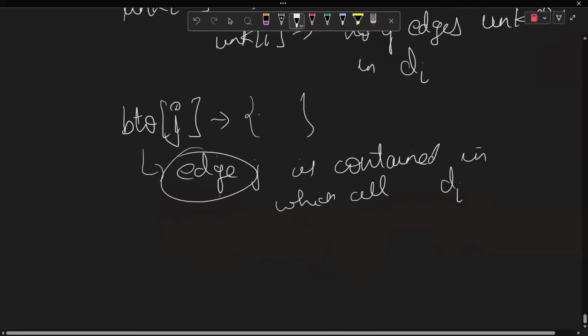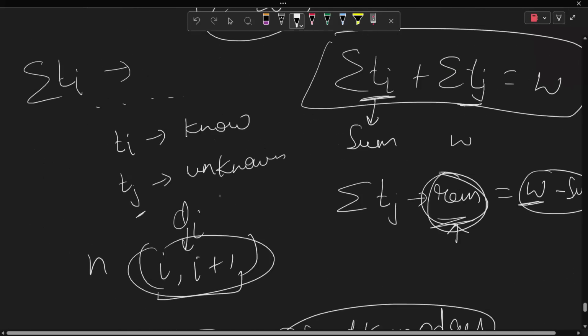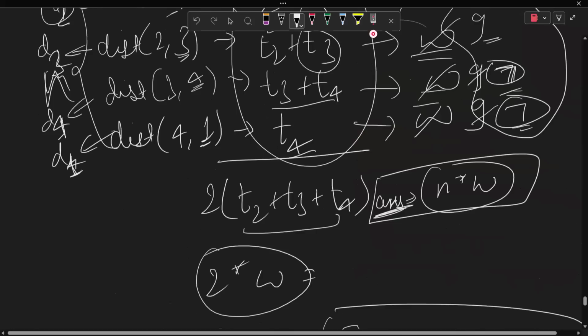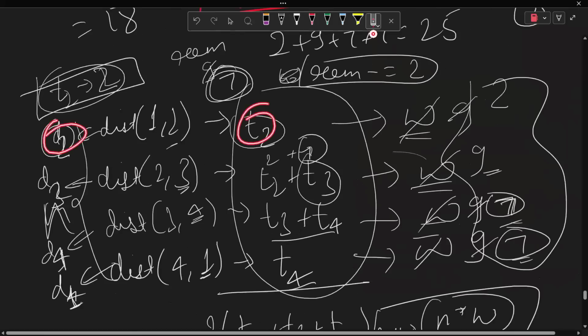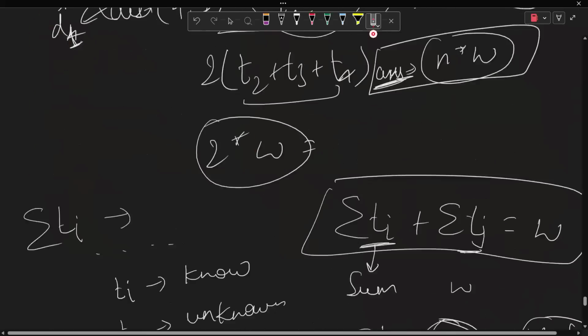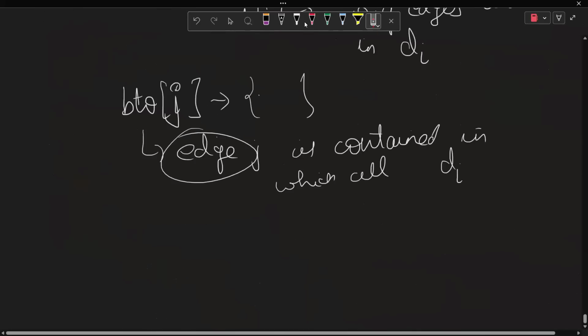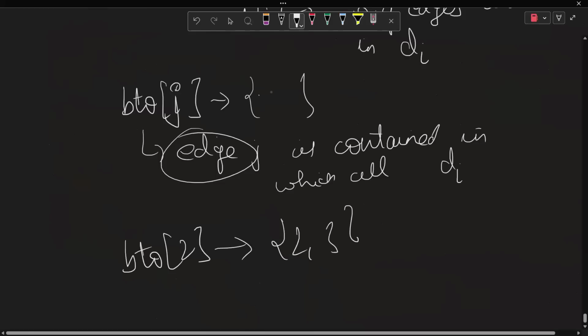Like in this case, T2 was contained in D2 and D3. So here belongs-to of 2 means that this T2 is contained in D2 and D3, so it would have 2 and 3.